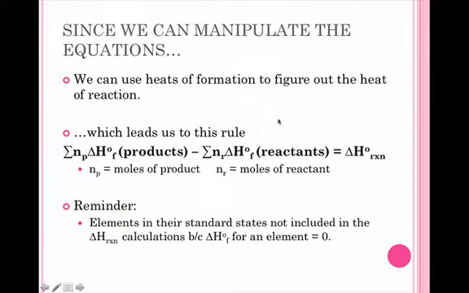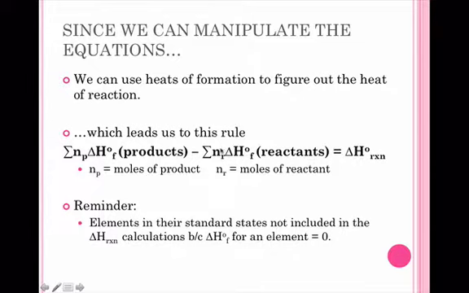All right, so since we can manipulate the equations, we can use the heats of formation to figure out the heat of the reaction. And that gives us this rule right here in the middle that's bolded. It says if you take the sum of the heats of formation of the products and you subtract the sum of the heats of formation of the reactants, you're going to get the overall heat of the reaction that you're looking at.